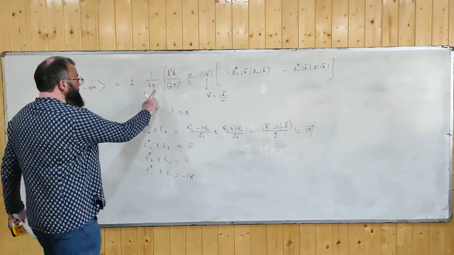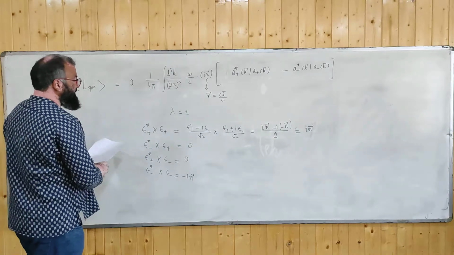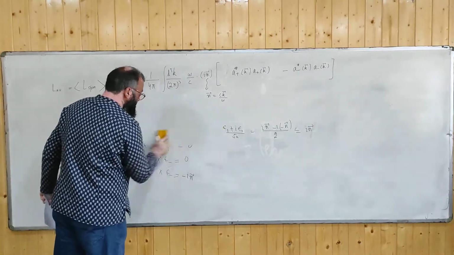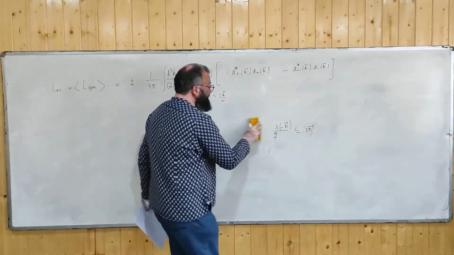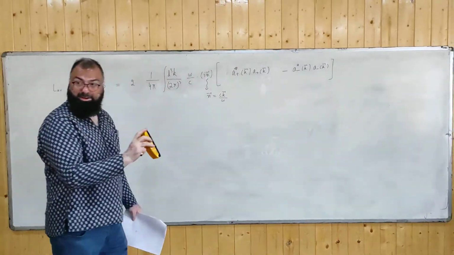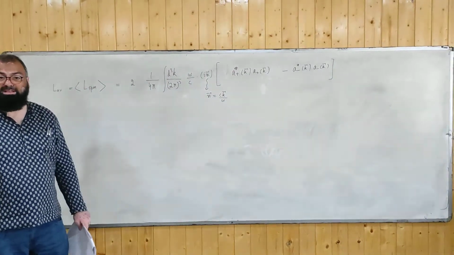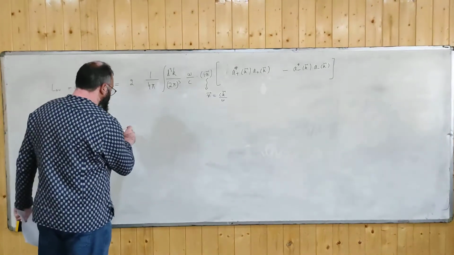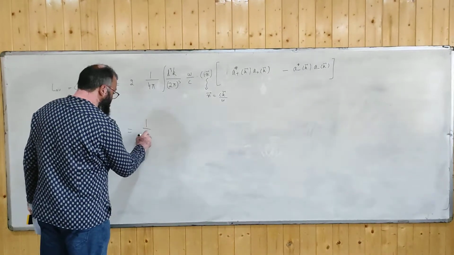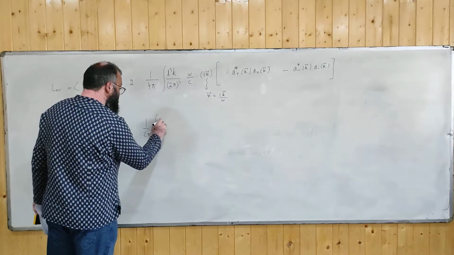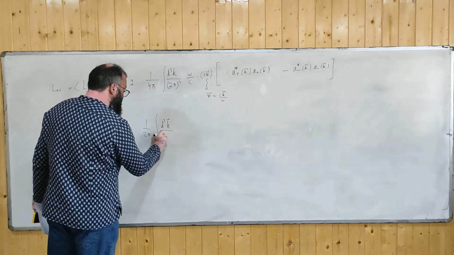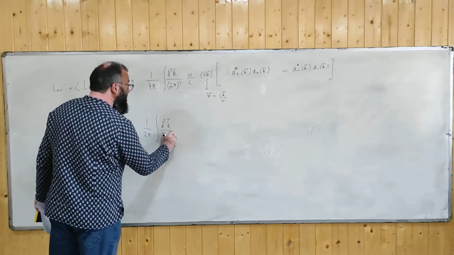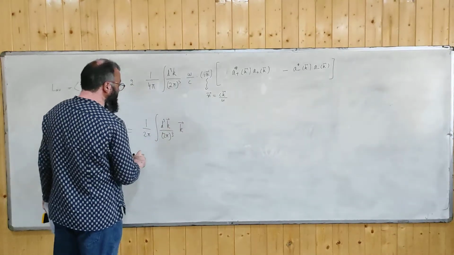Oh, so there is no c here outside. I'm sorry, there is no c. Everybody followed what I have done? First tell me, have you followed it? Okay, good. So how much is it? It is 1 by 2 pi integral d3k divided by 2 pi cube. Okay? So then you have a vector k.